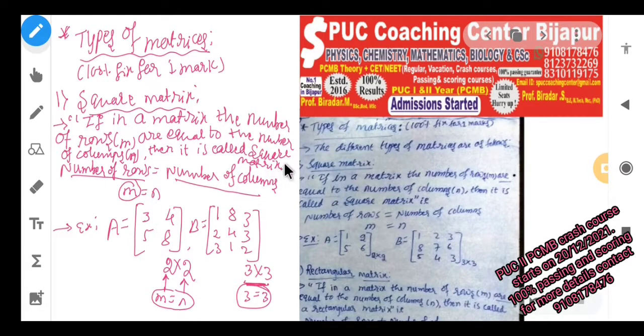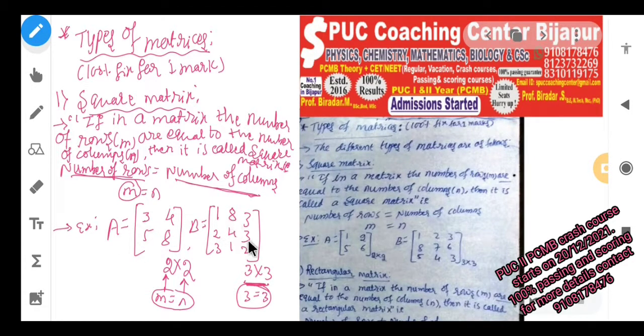What you can see is that the number of rows is equal to the number of columns, that is, m is equal to n. In the examples you can see here, we took 3 4 5 8. So 2 rows and 2 columns, 2 equals 2, that's why it is a square matrix.